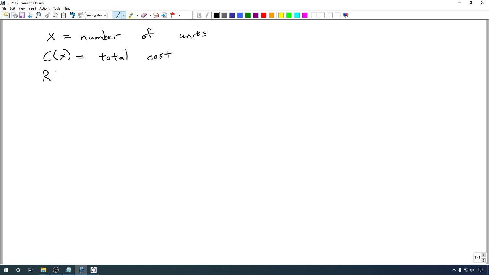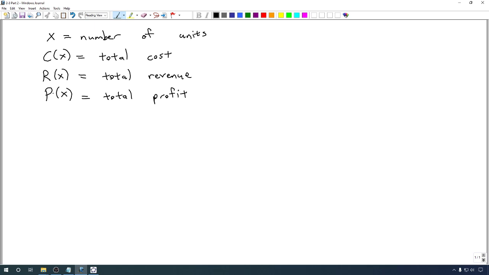We're going to have r of x. This is the total revenue of those x units, probably from selling those x units. And p of x is going to be our profit, our total profit.